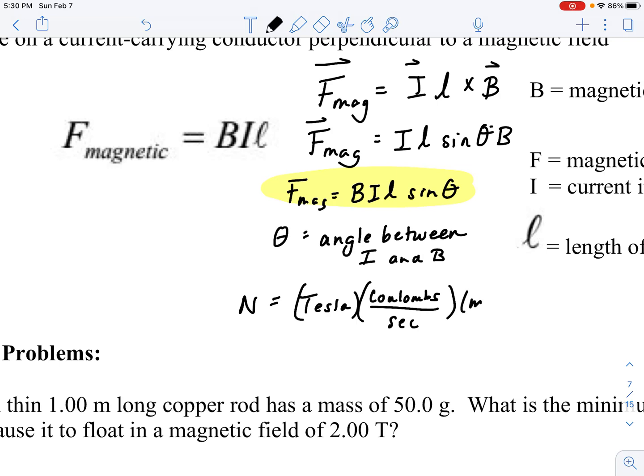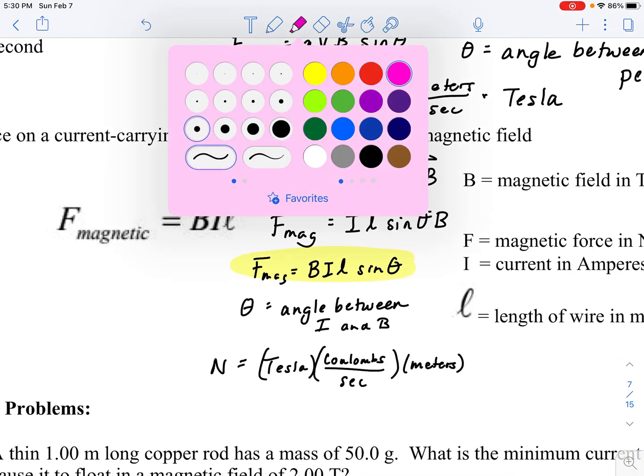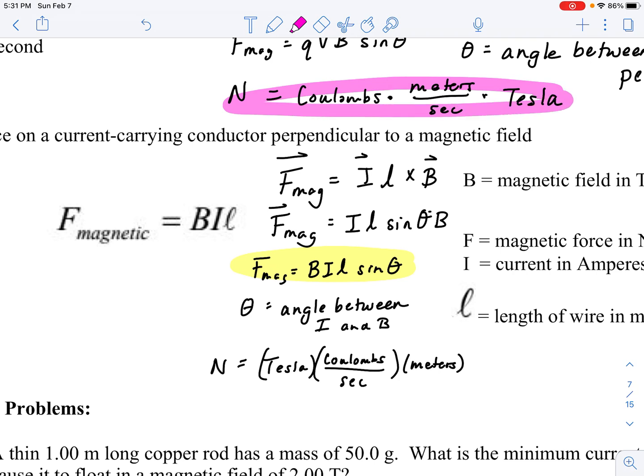And length is measured in meters. And basically, when I go back to my previous formula, look at this. Coulombs times meters divided by seconds times Tesla. Here I've got Tesla times coulombs times meters divided by seconds. It's the same thing in a different order. It's exactly the same thing.